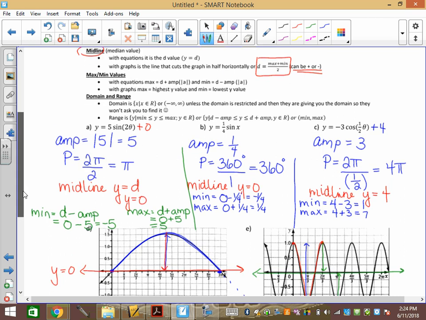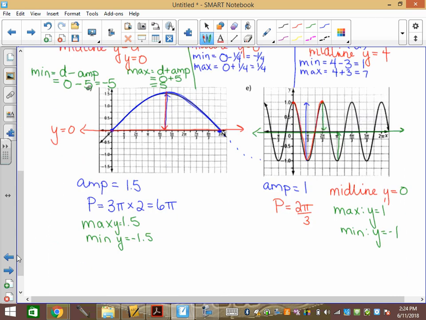So every single one of these has a domain of x ∈ R, unless they restrict them. Remember how many times they restrict domains? Other than that, it's x ∈ R. But they're not going to ask you for a restricted domain if they give you a restricted one. So technically, if they're asking you for a domain, it's probably x ∈ R. But they often ask for ranges because those are harder to do.